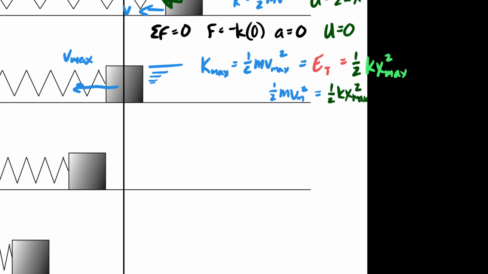Do the math, and if we solve this for v max, we'll get the square root of k over m times x max. That's how fast it's going to be going. Please keep this in the back of your mind. We're going to use it in a few minutes.